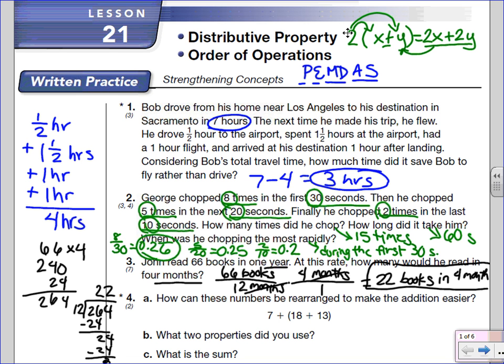How can these numbers be rearranged to make the addition easier? Well, when I see a 7 and a 3, I would ideally like to have them be next to each other so that I can add to something that ends in a 0. So the first thing I would do is get the 13 closer to the 7. And that's going to be just rearranging the order inside the parentheses. Like that. I should probably rearrange it if it's going to be different.